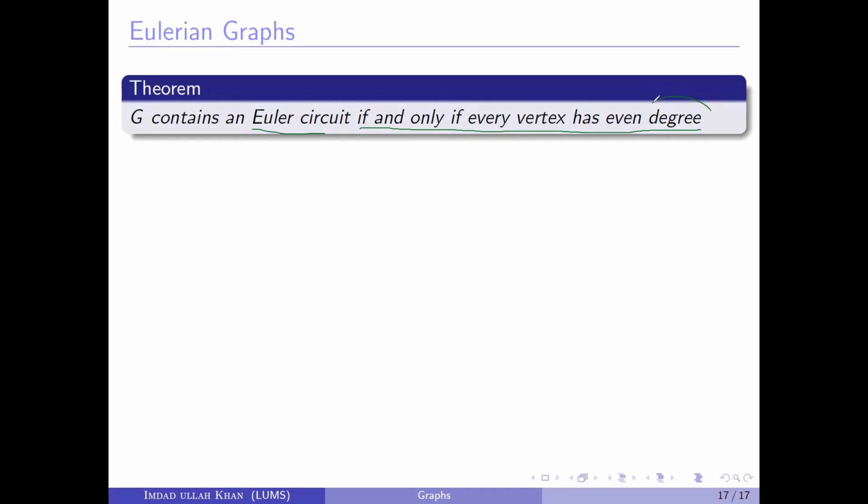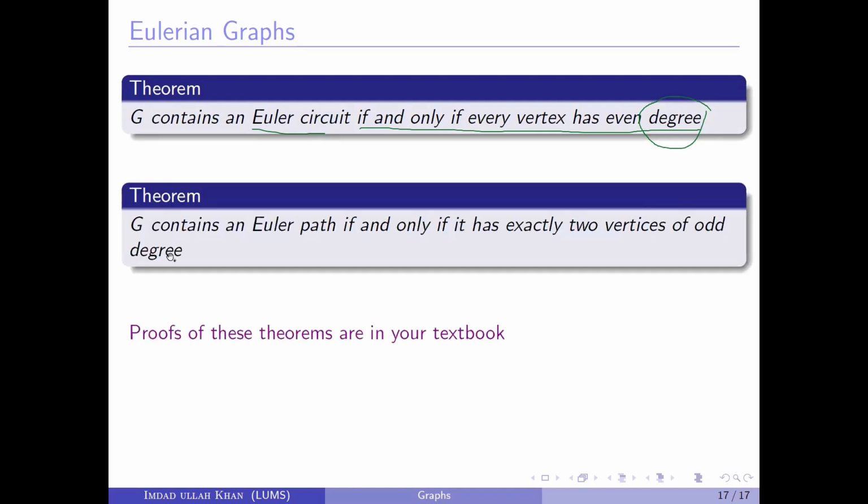From your first session on graphs, you can recall degree: the total number of edges incident on a vertex is the degree. So if and only if every vertex has even degree, then there is an Euler circuit, which means there is a closed walk where every edge is traversed exactly once. Or there is a slightly reduced version where we don't want to go back to the starting point.